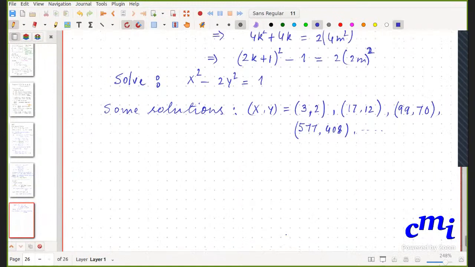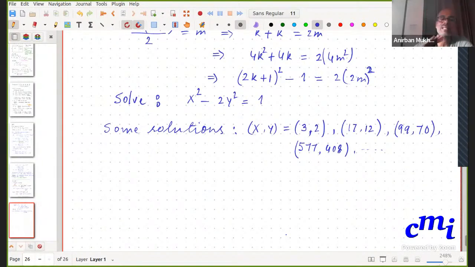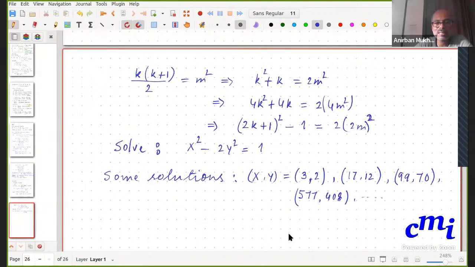So real solution also exists, right? Sorry? A real solution. You write only the integer solution. Yeah, I'm writing only the integer solutions, because we want this k and m to be integers. I should actually mention that.